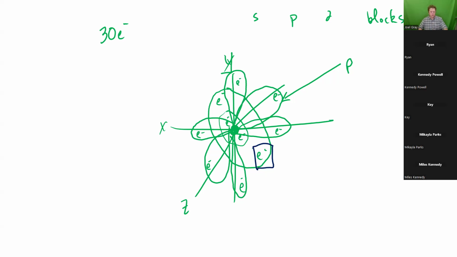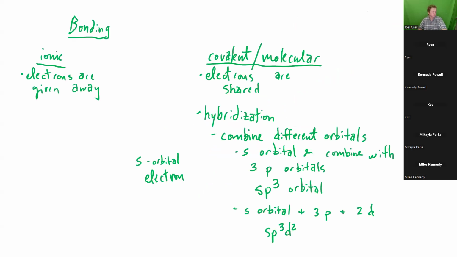An s orbital electron can only be in an s orbital when shared.